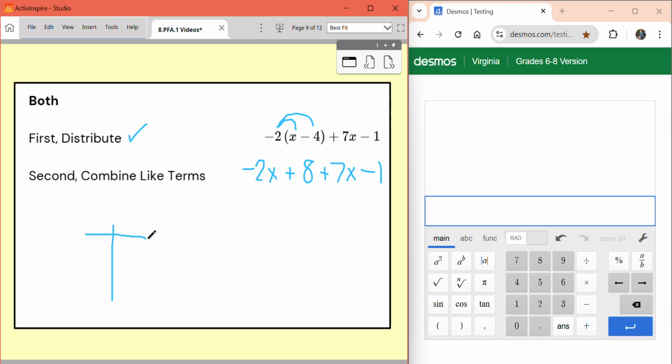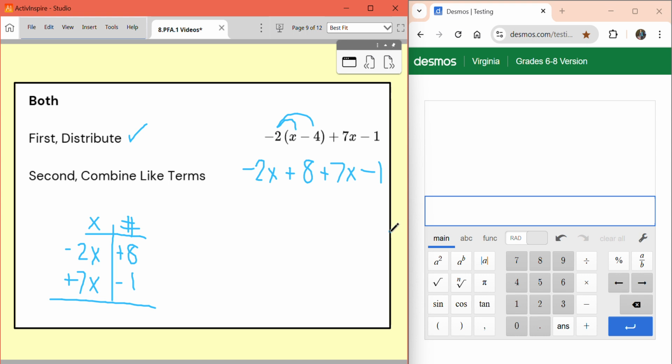So let me make my T-chart with my X column and my number column, and then I'm going to sort each of my terms. So -2x goes in the X column, +8 goes in the number column, plus 7x goes in the X column, and -1 goes in the number column.